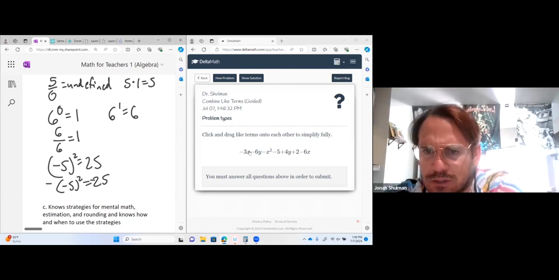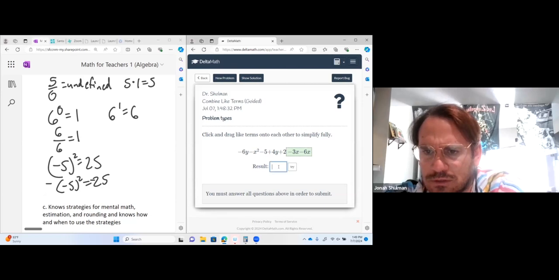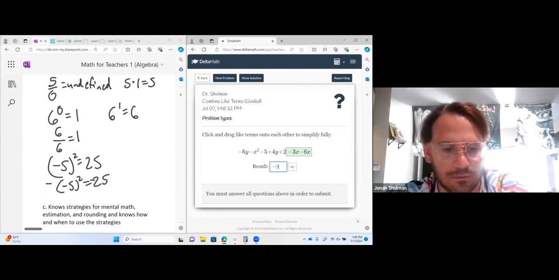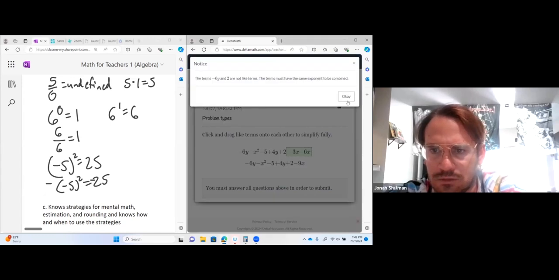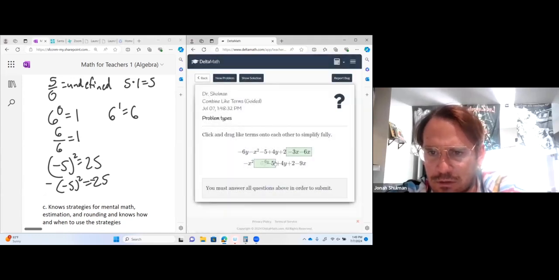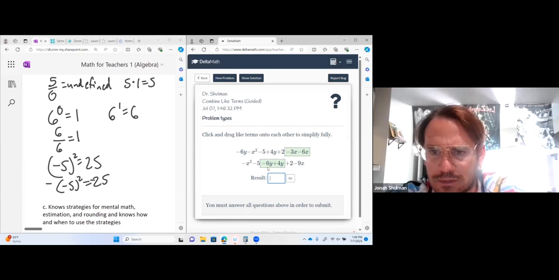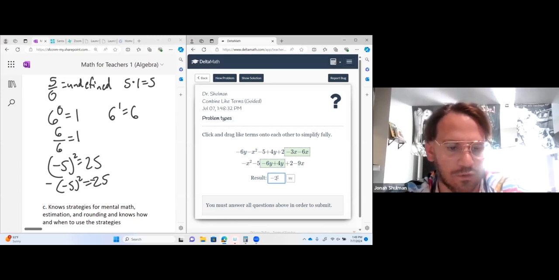Drag the like terms onto each other. All right, do we have x's? Yeah, match. All right, so the result of this is -9x, combining some like terms. All right, let's do the y's. I tried to drag it over there. There we go. A -6 and a +4 is a -2y.